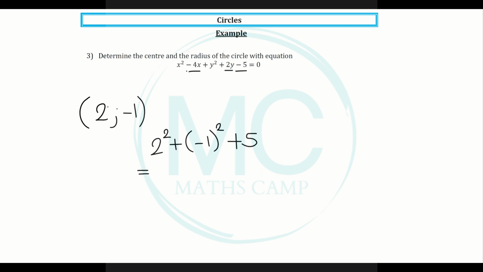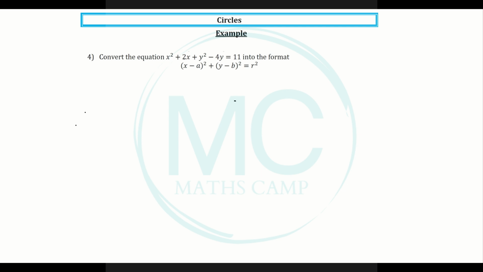Now we have 2 squared, which is 4, plus 1 plus 5 is equal to 10. This is the value for r squared. So to find the radius, we simply square root. And now we have the value for r. Let's do one final example.